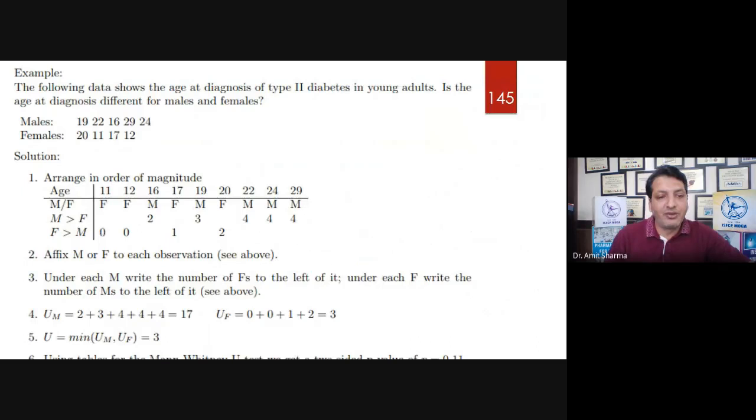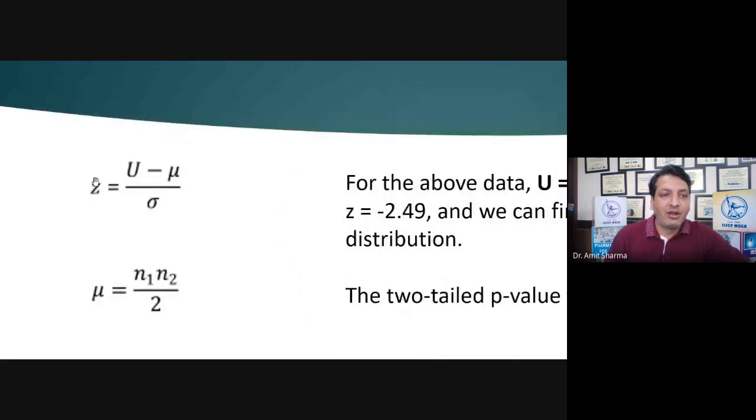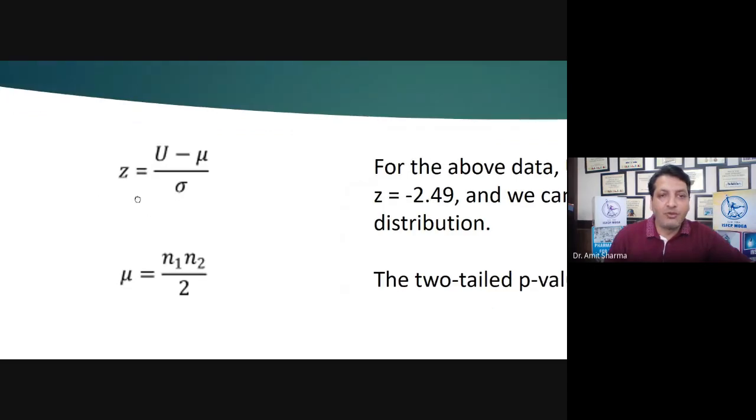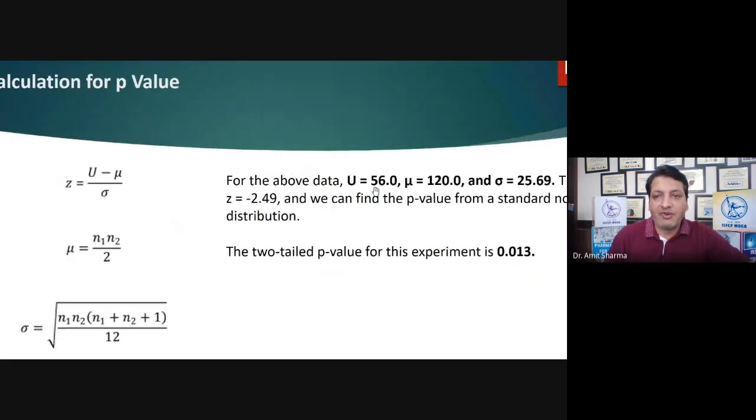Clear? So using the table for the Mann-Whitney U test, we get a two-sided p value, that is p equal to 0.11. How to do it? If you want to calculate the exact p value, there is a formula. First of all, you have to calculate the z score, that is U minus mu divided by the standard deviation. We know that U is 56.